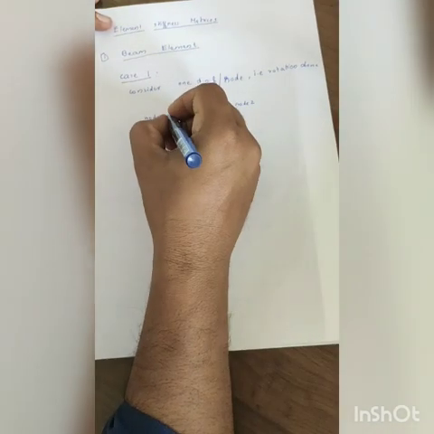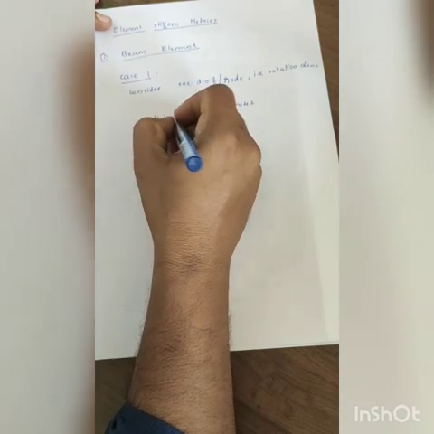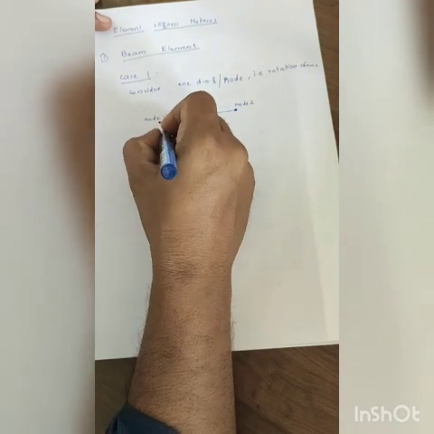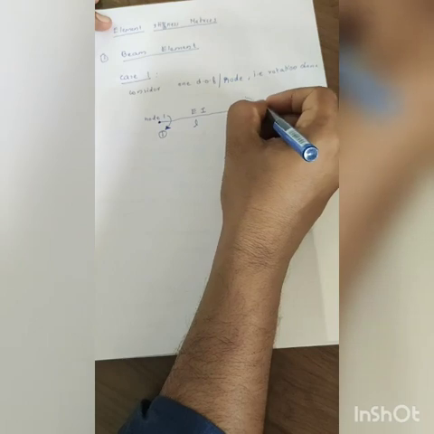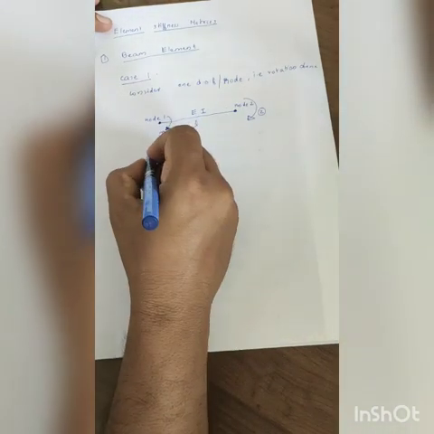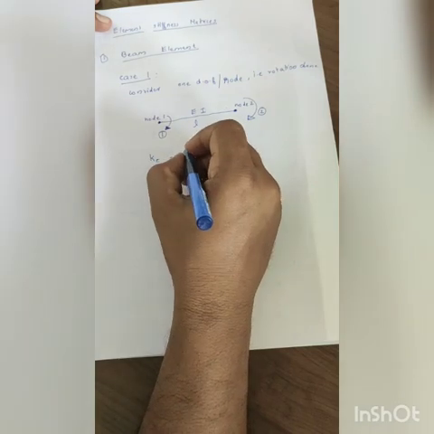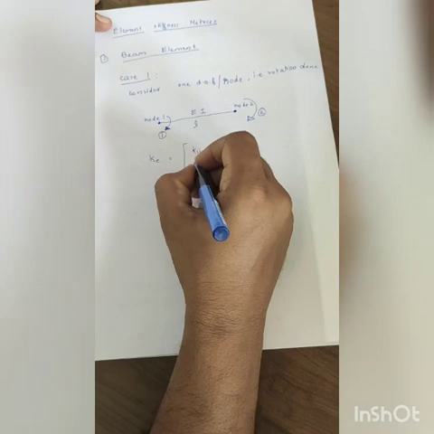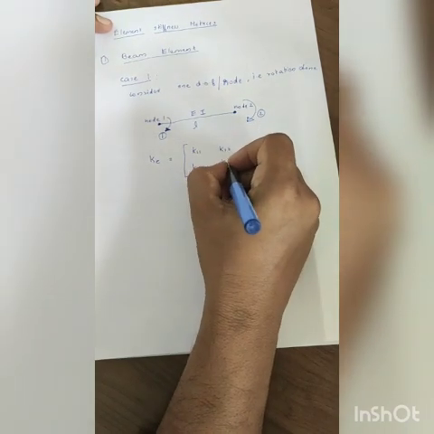For this case you have one degree of freedom at each node, and the degree of freedom considered is a rotation. This is the first degree of freedom and this is the second degree of freedom. So KE, the element stiffness matrix, is going to be a 2 by 2 matrix: K11, K12, K21 and K22.